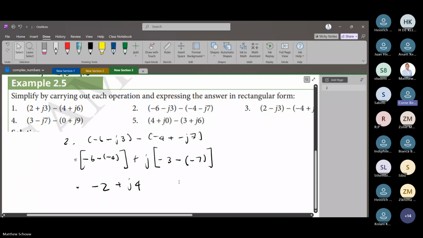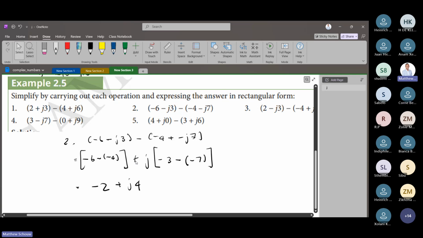Yes, sir. But why is the second one in the middle there by the j a plus sign? In the second equation. You mean this over here? Yes. What I just did here is basically, you could have kept it negative or positive.